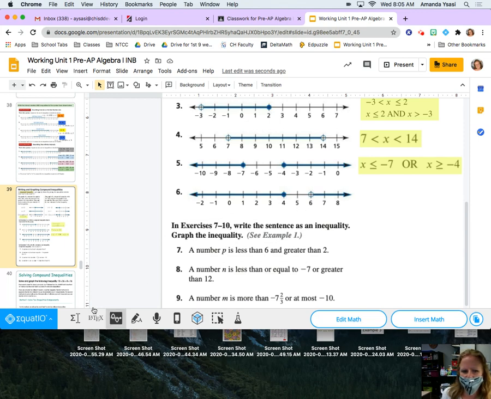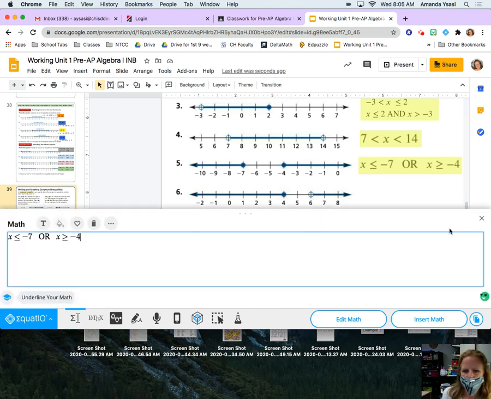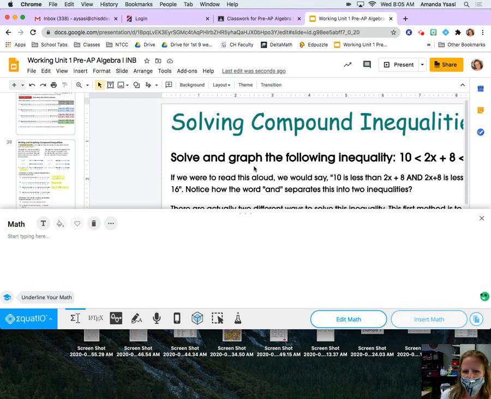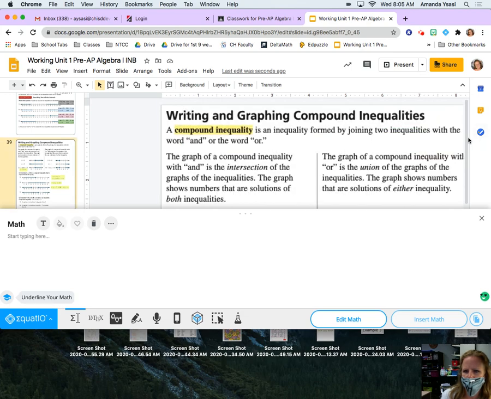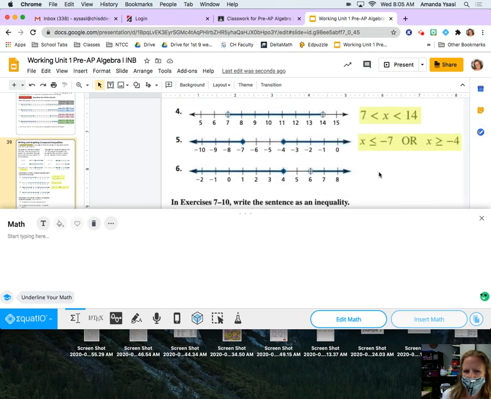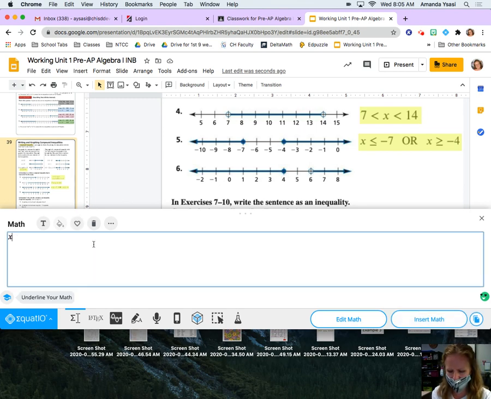Okay, let's do the next one. I'm just going to delete it. Okay, so this one, moved it too much. There we go. It is a closed circle on 4, and it's going left, so x is less than or equal to 4, or x is greater than 6.